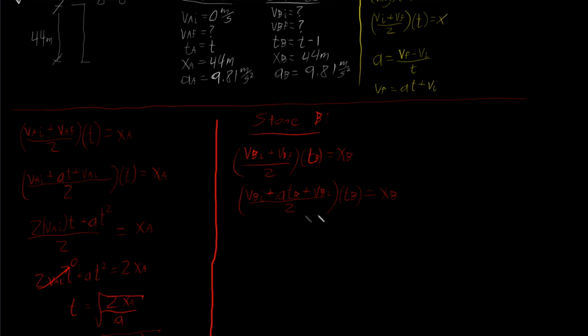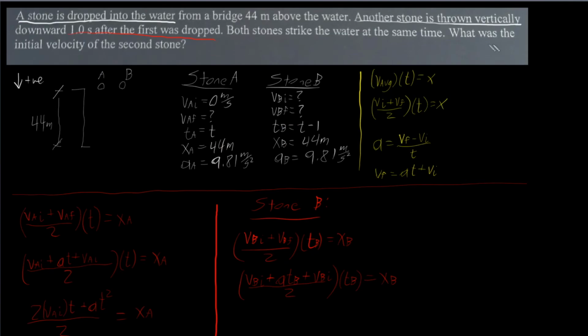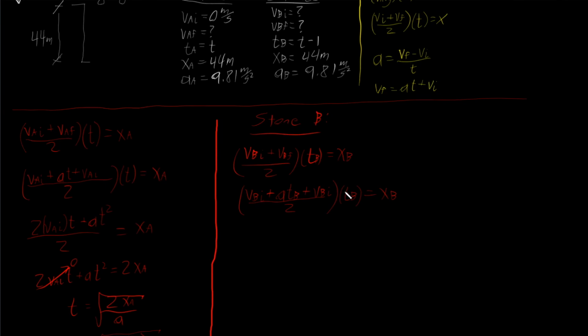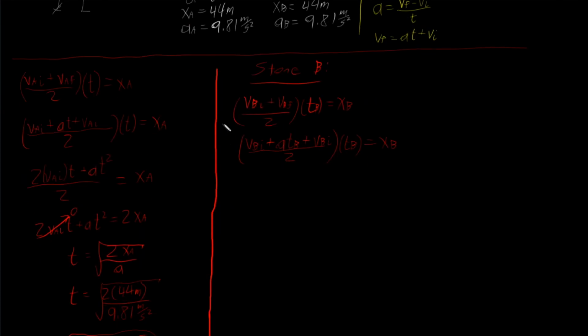So how many unknowns do we have in this equation now? The only unknown that we have is the initial velocity of stone B. So let's isolate for that, and then we'll be able to solve it. Because remember, this is what the question is asking: what was the initial velocity of the second stone? So let's solve for that right now.